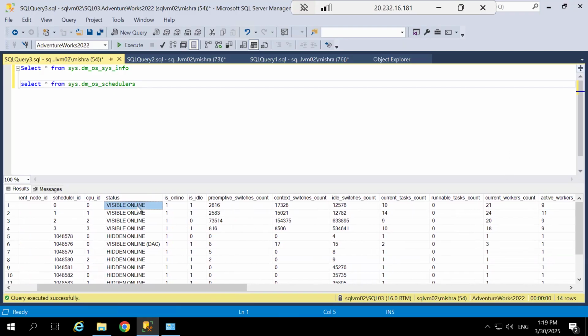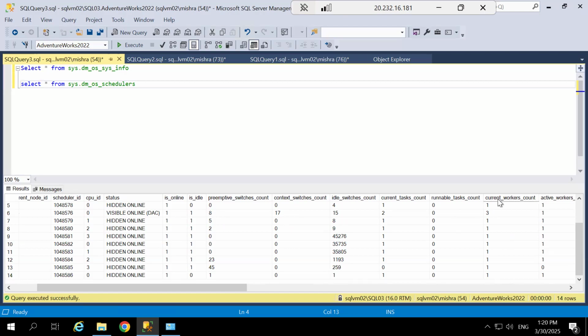Here it is: current worker count. You see here, this worker count shows 21, 24, 28. So these are all related to the user query threads. And below this, you have the worker counts for the system threads.